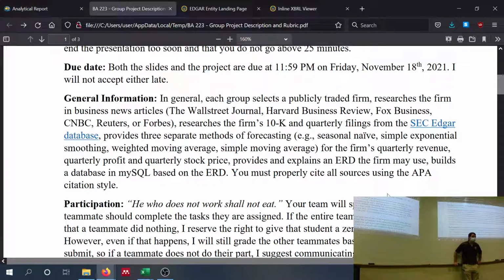Does that make sense? And for these, you can use seasonal naive for all 3. You can use simple exponential smoothing for all 3. That's totally fine. You can repeat them, but they need to have different results because revenue and profit and stock price are not the same thing, are they? Okay? I'll leave it up to you how you want to do that.